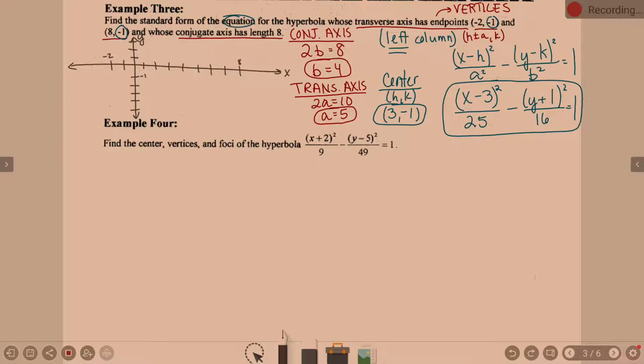Okay, so I set up my axis. I know I have to be able to go 2 left. I know I have to be able to go 8 right. I'm going to end up having to be able to go 3 up and 5 down, it appears. Again, I encourage you to practice graphing this. This might be the only other graph we do today, I think. So make sure you know how to go about this.